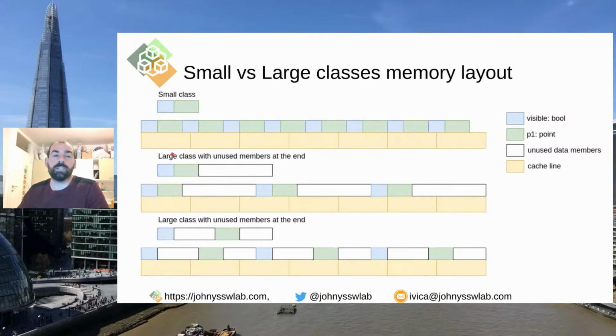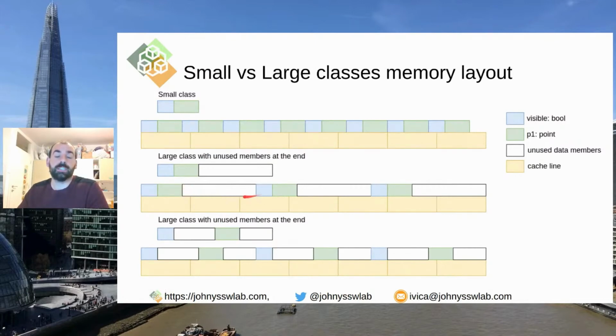Now, if you have a large class which has unused memory at the end, so this is a large class. You have a visible, and you have a point, and then you have this unused place. What happens? The first members you're accessing are in the first cache line. In the second cache line there are some things that you're not using, but it's a small part.